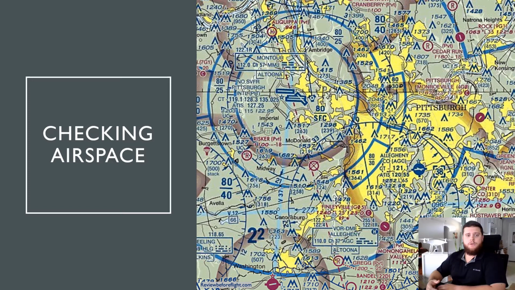So if we look up towards the middle-ish left, we can see that there's an airport there. That airport is Pittsburgh. And the rings that circle the airport are basically different shelves.